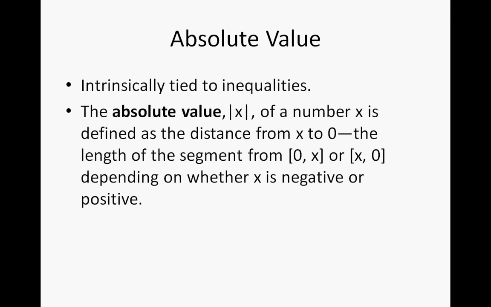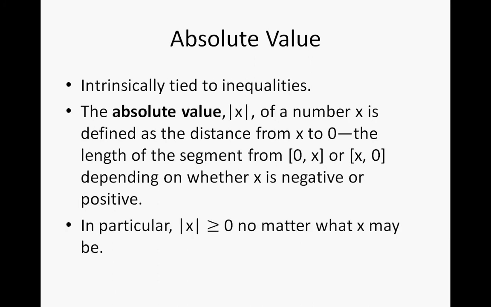So the absolute value, which is marked with two vertical lines on either side of a number or of a symbol, of a number x is defined as the distance from x to 0. So basically the length of a segment from 0 to x or x to 0, depending on whether x is negative or positive.